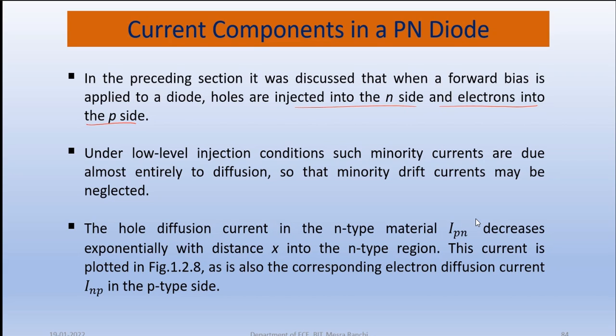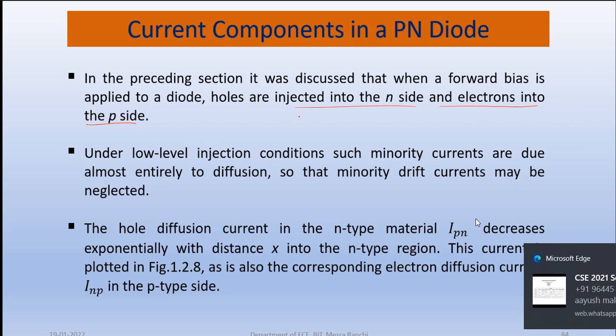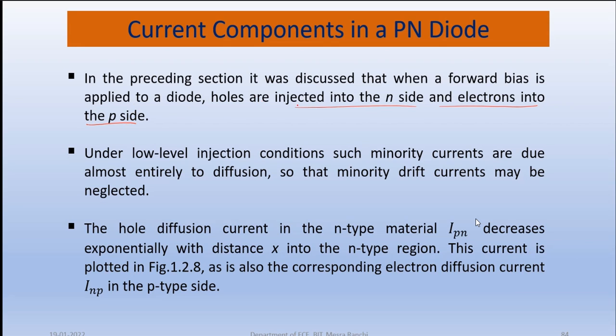And when we apply a forward bias, the excess charge carriers are injected into the p type and n type, and that leads to the excess current flow. So we discussed that when a forward bias is applied to a diode, holes are injected into the n side and electrons into the p side.